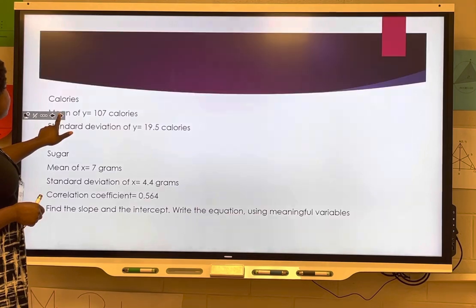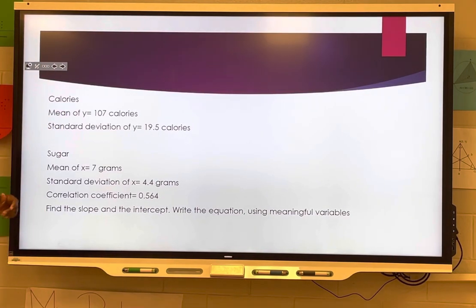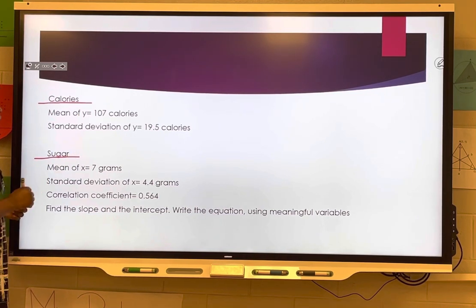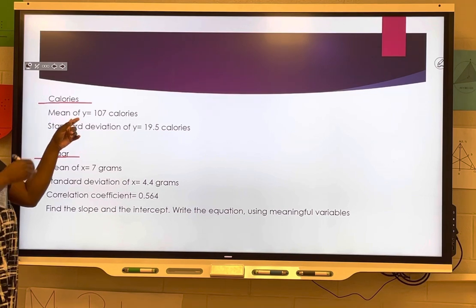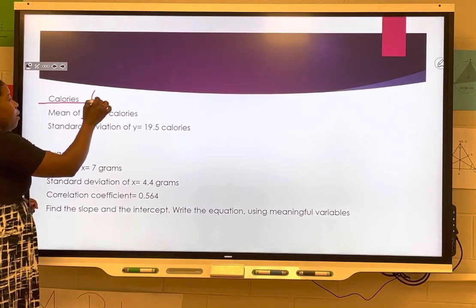Alright, so here we have a scenario with calories and sugars. The mean of y is equal to 107 calories. Standard deviation of y is equal to 19.5 calories. Once I see the y variable here, I know that calories represents my y variable.